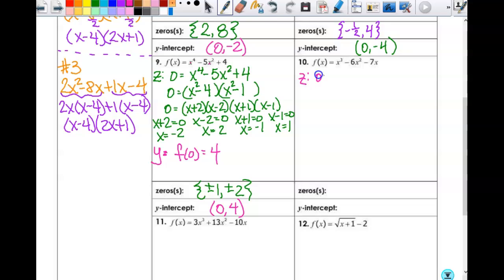So I'd have 0 equals x cubed minus 6x squared minus 7x. The very first thing, GCF, absolutely. 0 is equal to x times x squared minus 6x minus 7. All right, so you finish that one up. Let's go on to the next one, so forth and so on.